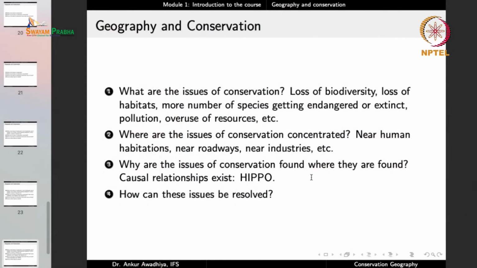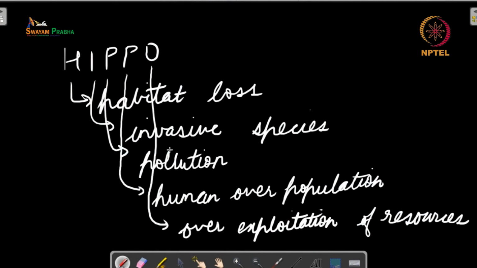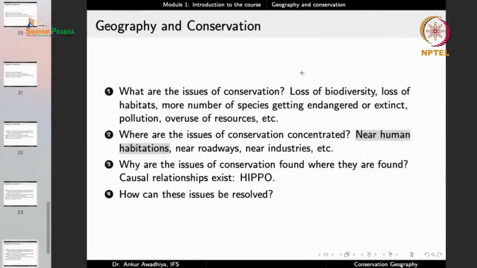So when we have any of these things, when we ask the question, why are the conservation issues located near human habitations? Now they are located near human habitations because the human habitations in most cases lead to a loss of the habitats. Because the humans have cut the forests, they have destroyed the grasslands to make way for themselves.